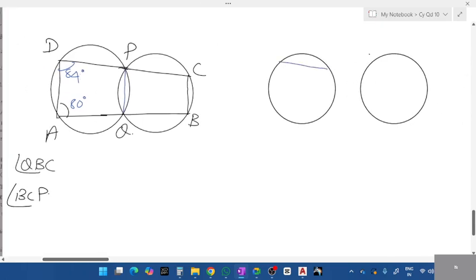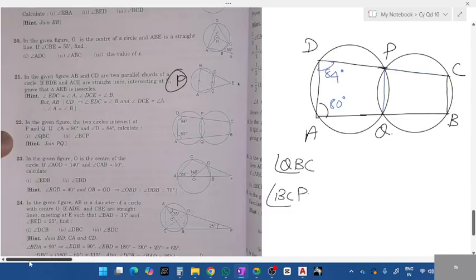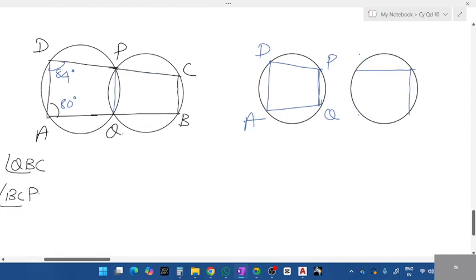Look, the diagram is like this. A here, Q, P, D. All of you will draw this diagram. Draw to separate the circles. This is the 22nd question, separate the circles like this.